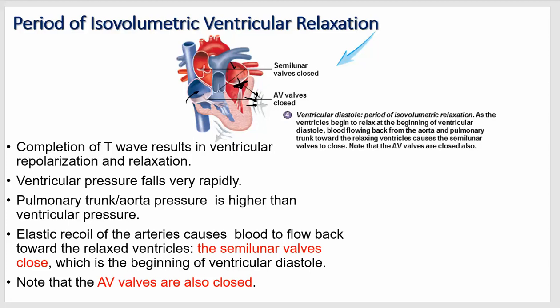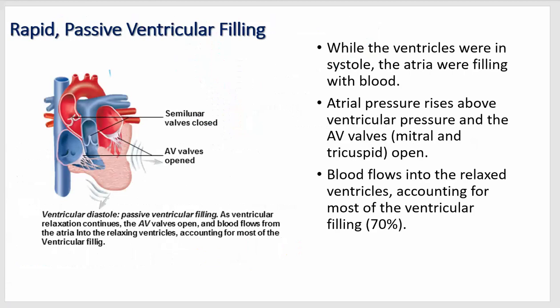So as that pressure falls, even though during this phase, isovolumetric ventricular relaxation, all the valves are closed, as that relaxes, the pressure out here will get too much, and it will push that mitral valve open, and that is our next phase.